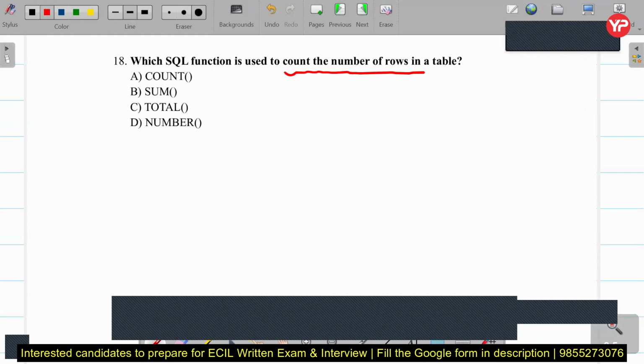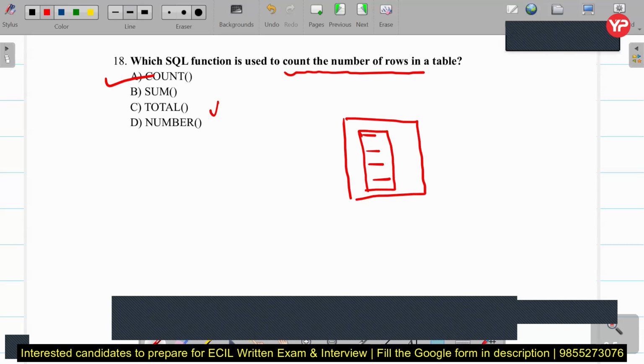Suppose that we have a table having 1, 2, 3, and 4 rows. If you count them, then you have to use the count function. Sum is used for summation of these values. There is no such thing as total and no such thing as number. So count is used to count the total number of rows in a table.